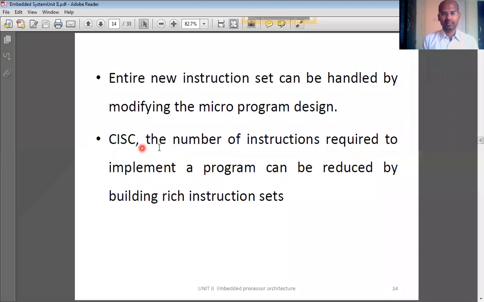In CISC, the number of instructions required to implement the program can be reduced by building a rich instruction set. You can have many instructions, thereby the instructions required to implement the program can be reduced. But that is not the problem today because compilers handle that.